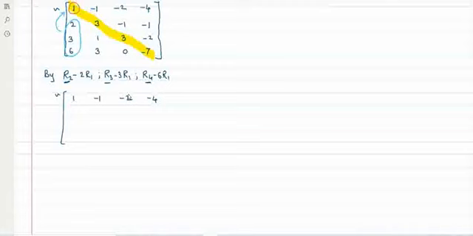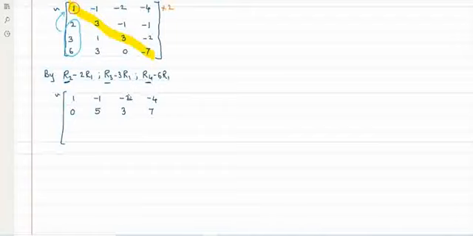For the second row, multiply the first row by 2 and subtract. Now I will write it directly: 2 minus 2, 0. 3 minus plus 2 is 5. -1 minus plus 4 is 3. -1 minus plus 8 is 7.